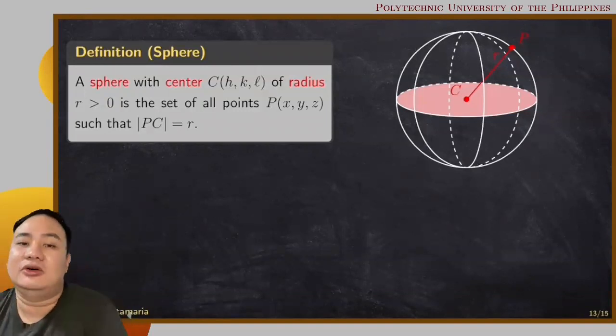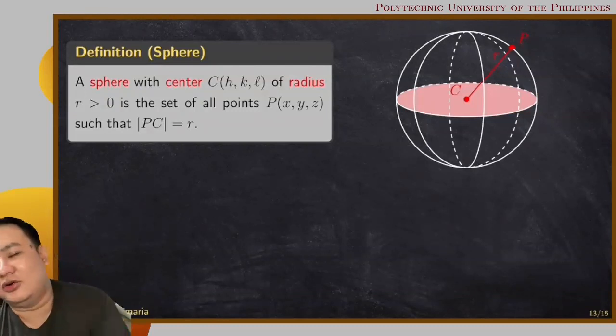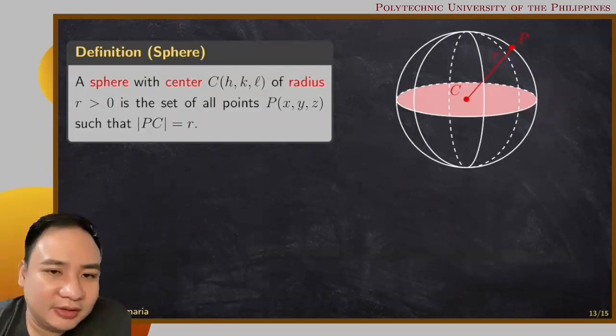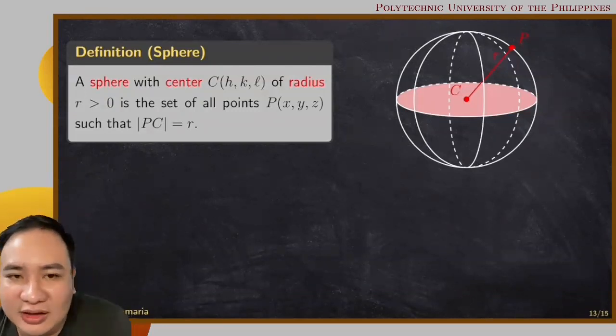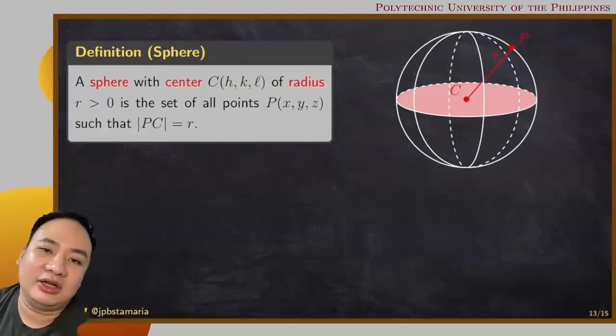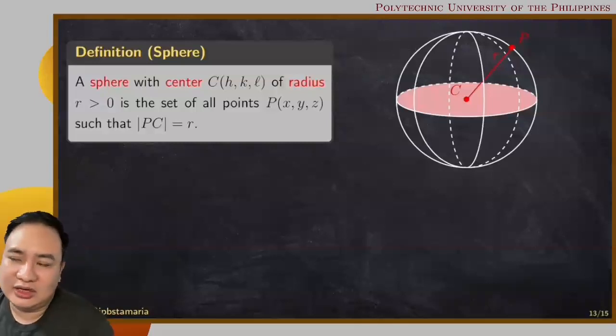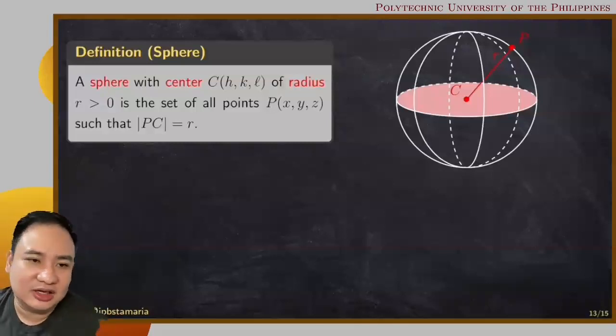Geometrically, parang three-dimensional na circle or parang ball. No? You can call it a ball if you want. Pero yung ball na ito yung perfect na sphere. Ibig sabihin, kapag kumuha ng cross-sections na ito, laging perfect na circle. When I say cross-sections, when you try to intersect it with a flat plane, ang makikita nyo intersection ay palaging circles.